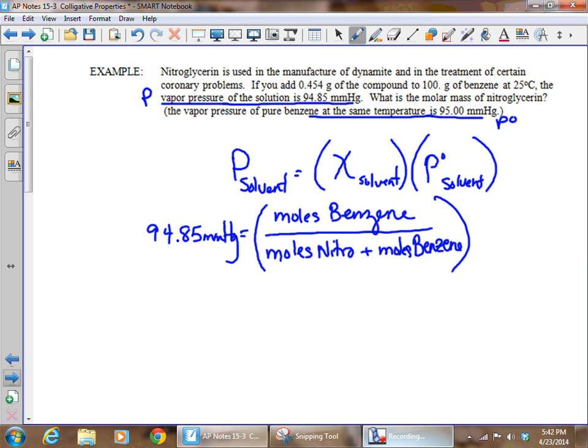That's the mole fraction, remember, for our solvent. And that's going to be multiplied times the vapor pressure of the solvent when it's pure, which they told us was 95.00 millimeters of mercury.